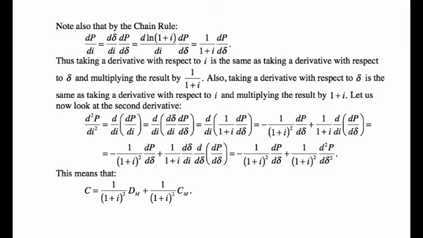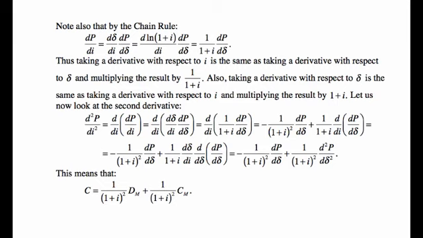And it tells us that taking the derivative with respect to I is the same as taking the derivative with respect to delta and multiplying the result by 1 over 1 plus I, or taking a derivative with respect to delta is the same as taking a derivative with respect to I and multiplying the result by 1 plus I. So 1 over 1 plus I in one direction, 1 plus I in the other direction.